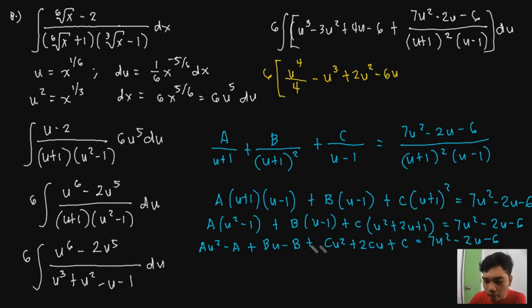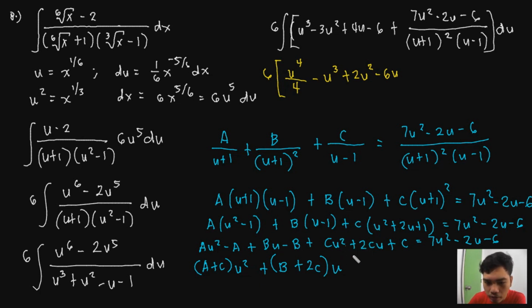And then finally, we can add all the like terms. We have a plus c, that is u squared. And then for u naman, para sa'yo, for you. So plus b, where is the other one? Plus 2c, diba? Okay, and that is times u. Okay. Then how about the constants?